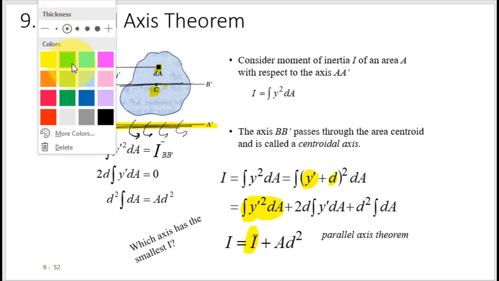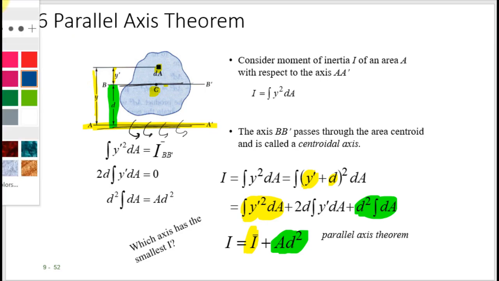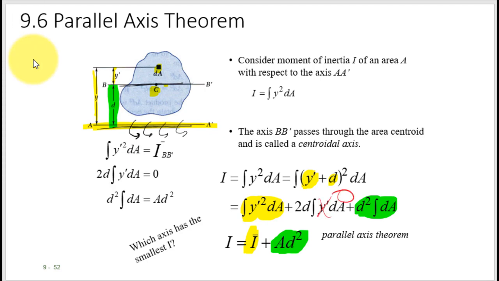For the other chunk of it, the d squared piece is going to turn into a d squared, where d is the distance from the center of mass to the new axis of rotation. And this middle term here actually goes to 0, because if you think about it, we're integrating over the entire thing. So half of the area is above and half of it is below.